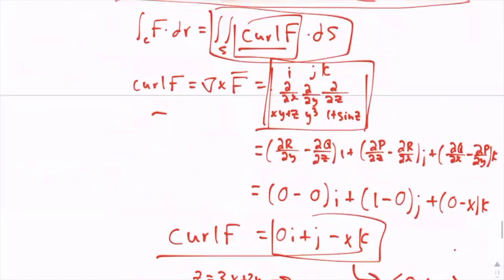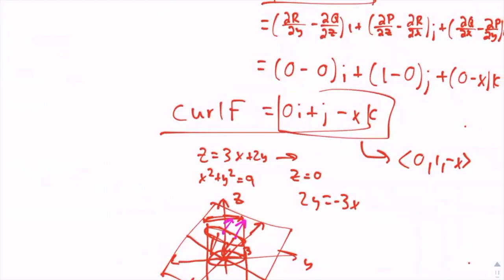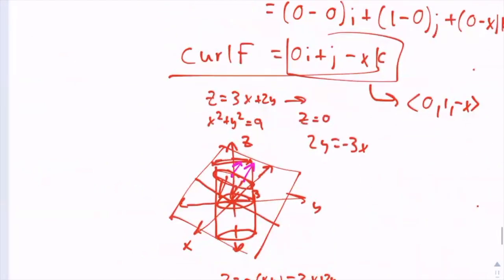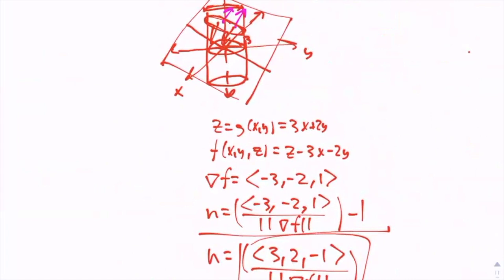And since, as we said, we're just relating a line integral to a surface integral, and we're taking it over a vector field, we must take the normal vector again, which we did go ahead and do down here. Z is equal to g of x, y. We define our function f, find the gradient, find the unit normal vector.